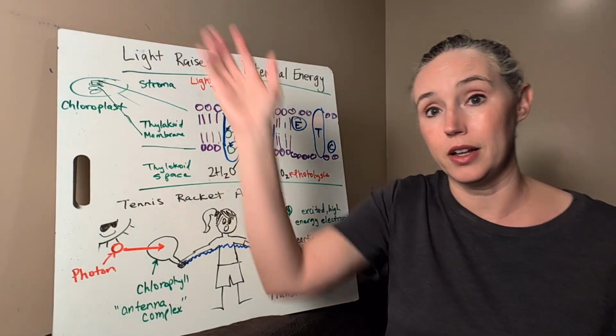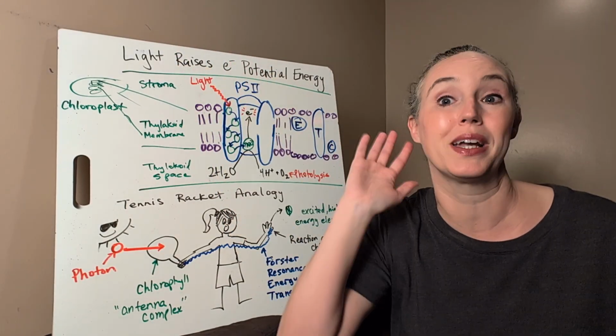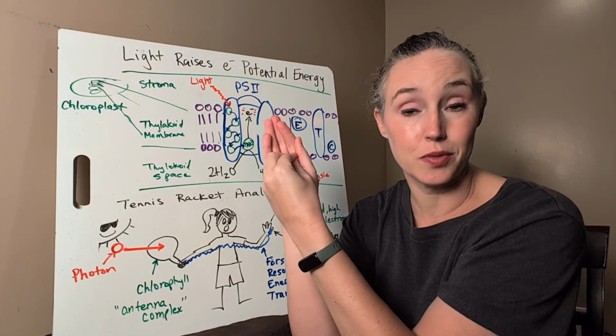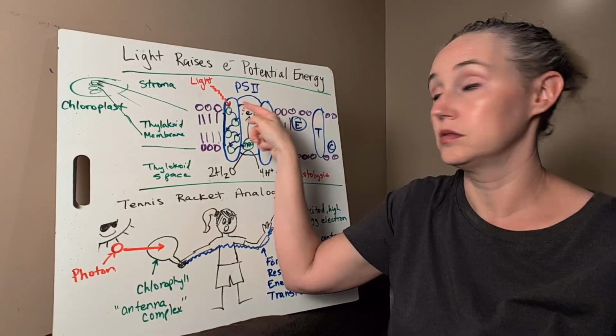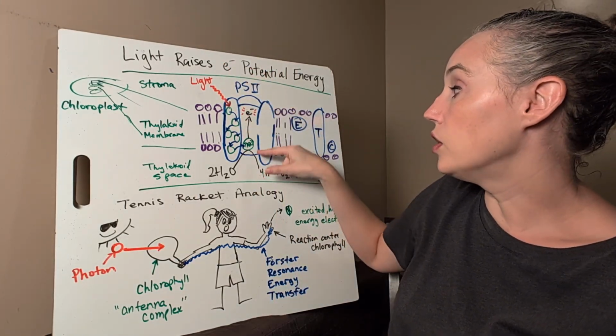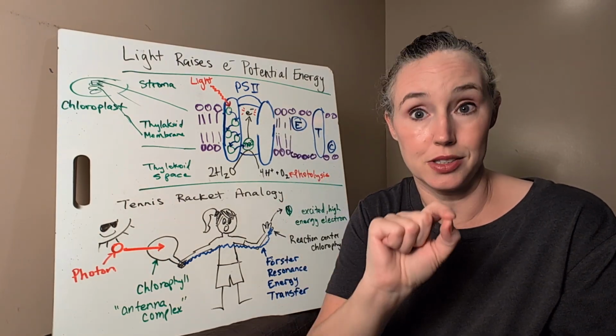They're even called chlorophyll antenna pigments, because they are what are receiving the photons of light from the sun.